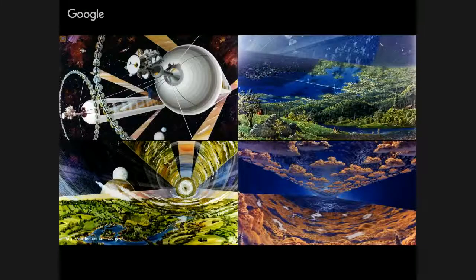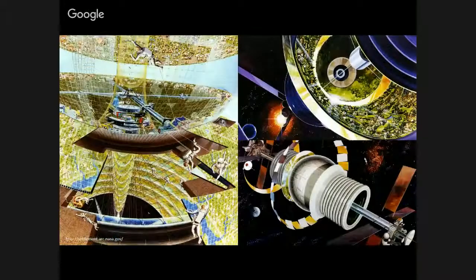And there's been several designs for these at various scales. These pictures show pretty much the largest scale that has been proposed. And this design is called a Bernal sphere, where again you see everything attached to the outside.